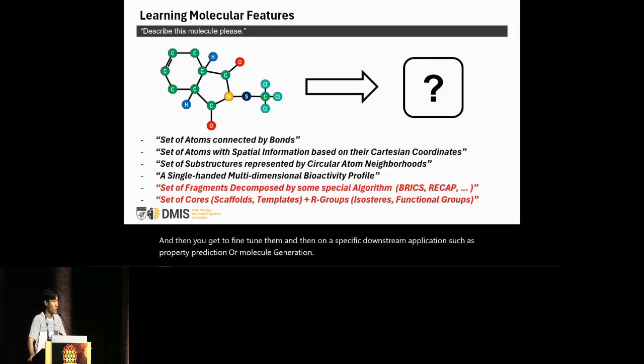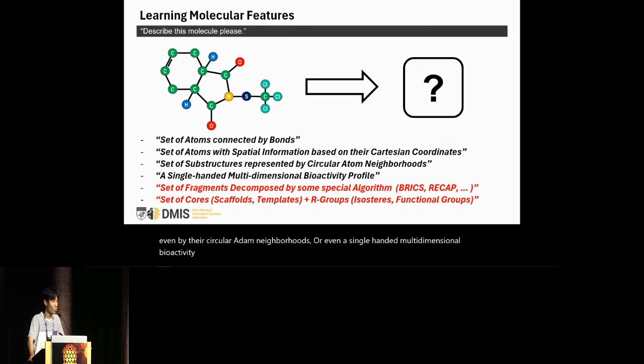Learning molecular features is related to how to guide the model's characterization of the molecule. A molecule can be characterized in various ways. It could be characterized as a set of atoms connected by bonds or some Cartesian coordinates, or even by their circular atom neighborhoods, or a multi-dimensional bioactivity profile.